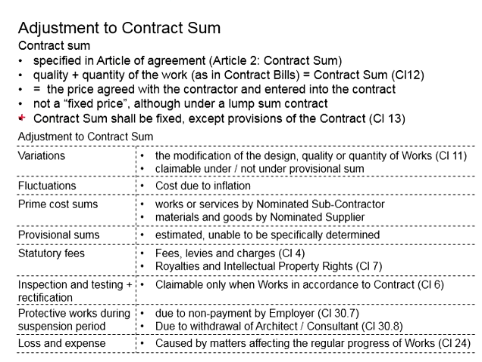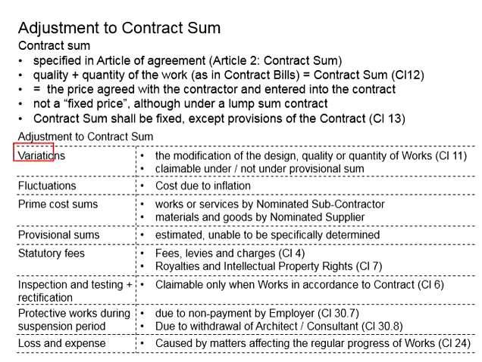Now let us proceed with our discussion of the adjustment to the contract sum. These are the areas where the contract sum may be adjusted. First is the variations. For the relevant details, you may refer to clause 11.